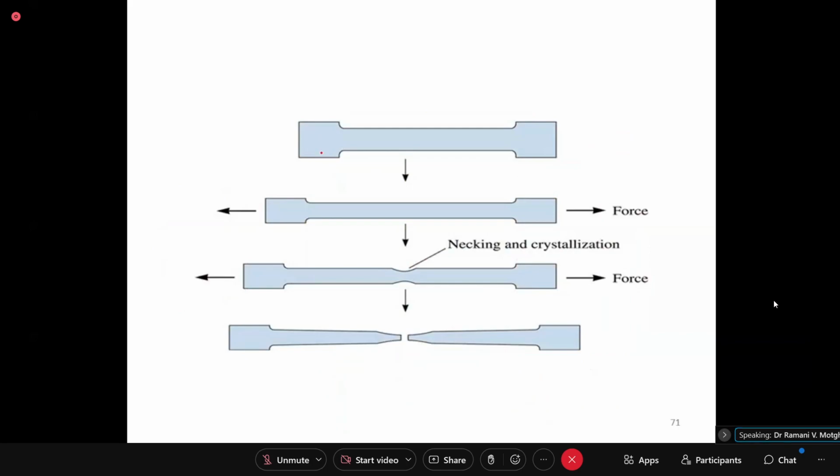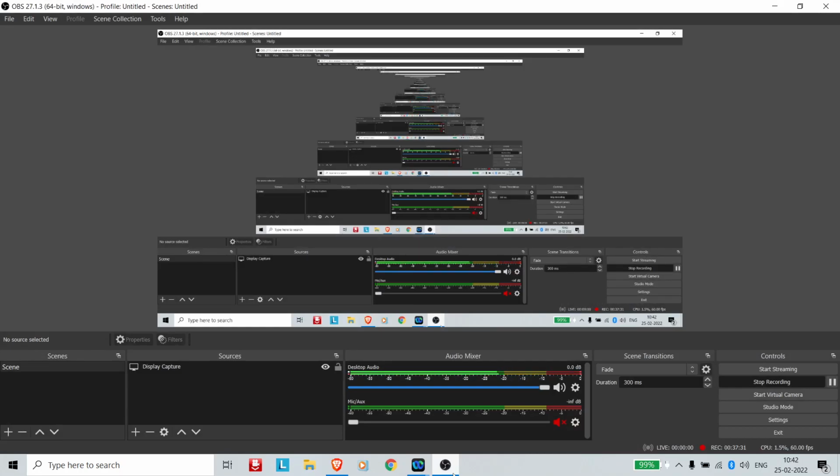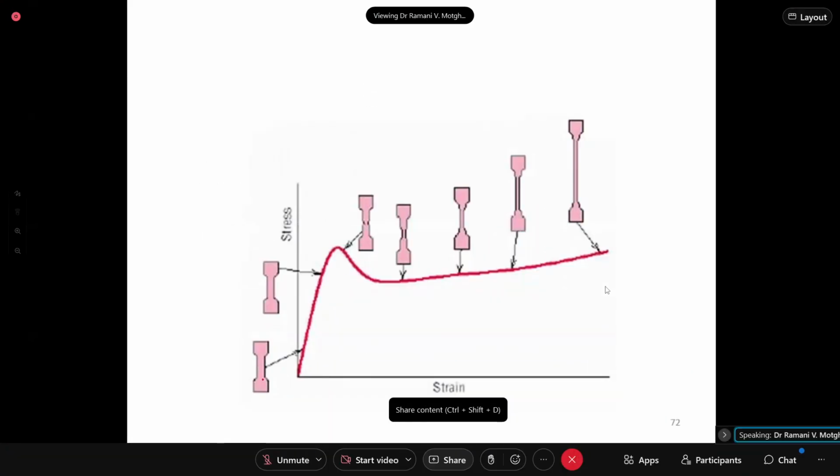Okay. So this is how, when you apply force on both sides, it will start becoming thin at the center, and finally it will break after a certain stress. So here it is shown like this is the original one. You are applying stress, making it move apart.